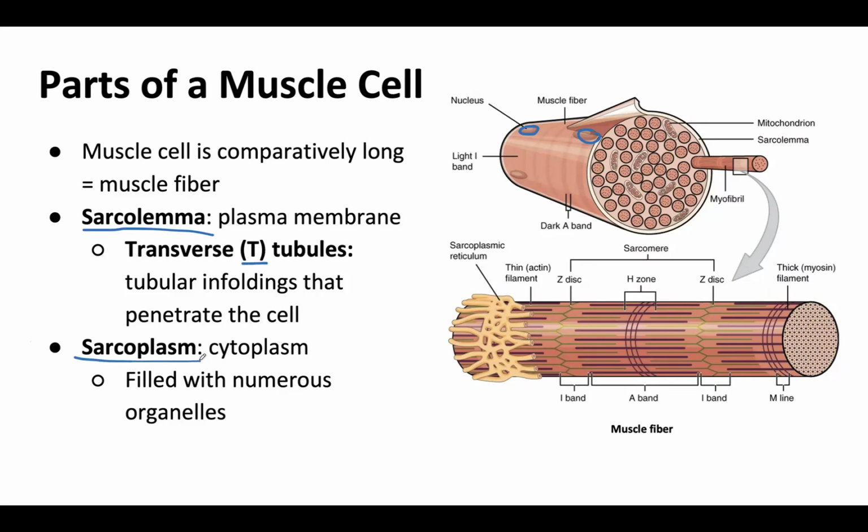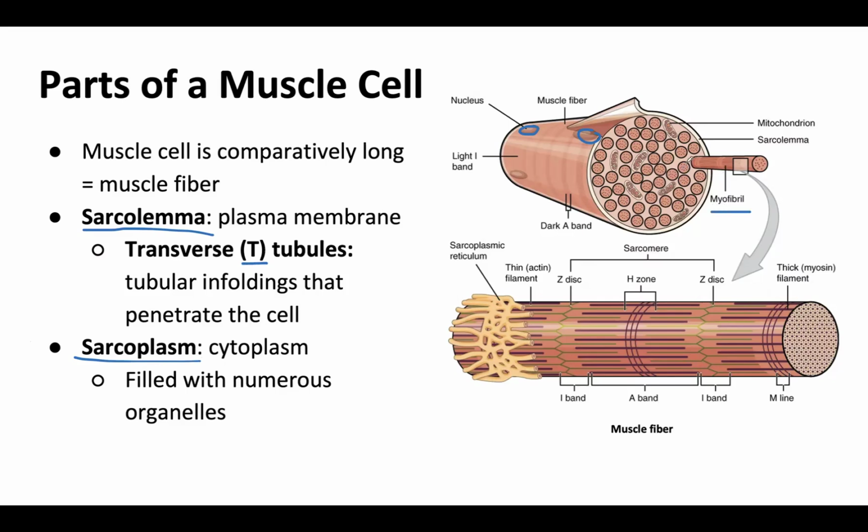The sarcoplasm is just the cytoplasm of a skeletal muscle cell, so it's enclosed by the sarcolemma. Like other cells, the sarcoplasm is filled with numerous types of organelles. By far, its major component is what's referred to as myofibrils.